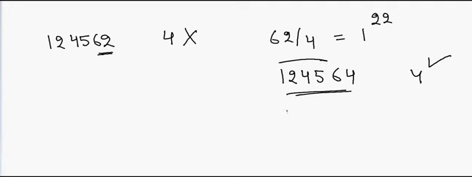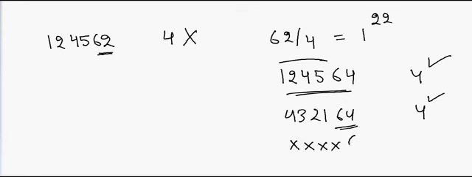I can write 4 3 2 1 6 4, and again it is divisible by 4, or I can write anything followed by 64, and this number should also be divisible by 4. So I have to look at the last two digits to check if the number is divisible by 4 or not. In this case it is not.